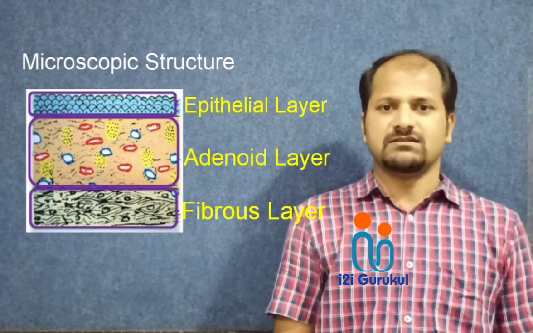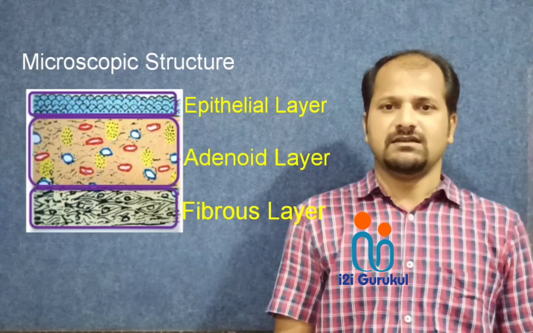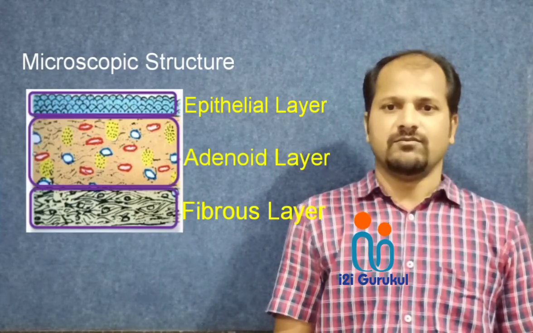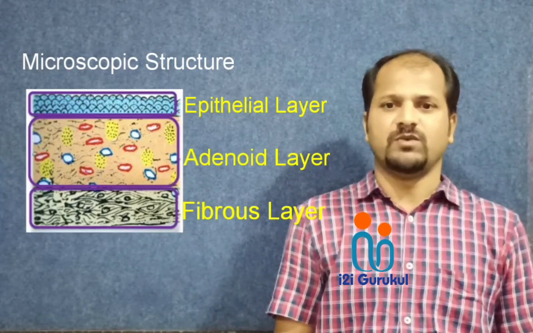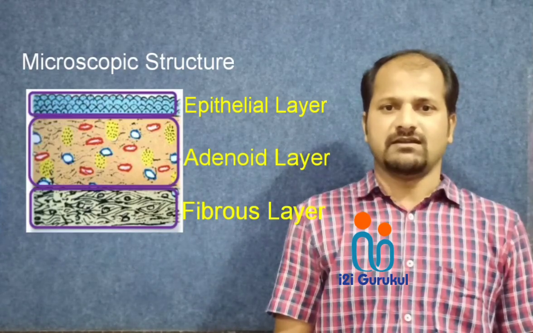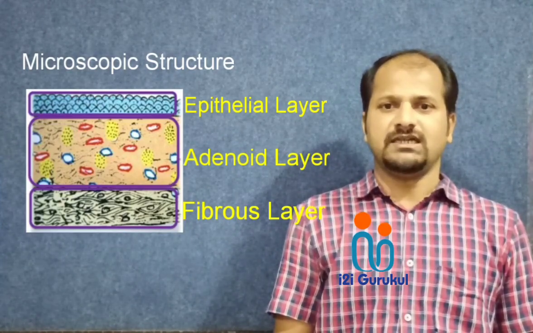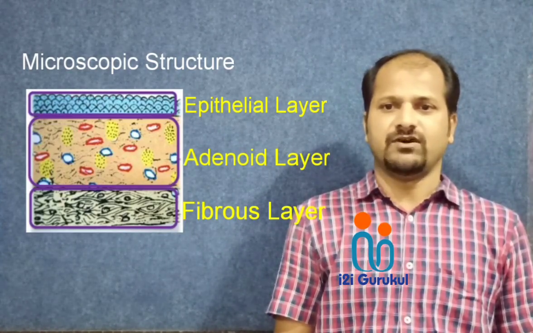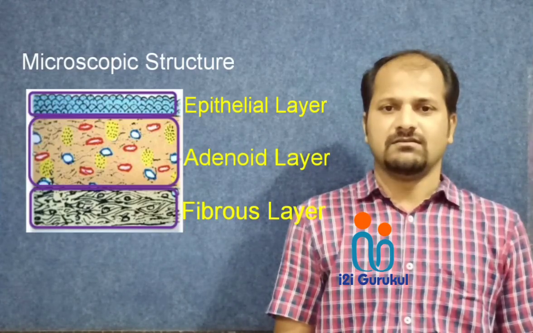Now coming to the next layer, that is the adenoid layer. It is absent at birth and develops after 3 to 4 months. The adenoid layer contains a fine meshwork of fibrous tissue with lymphocytes, cells of the immune system.